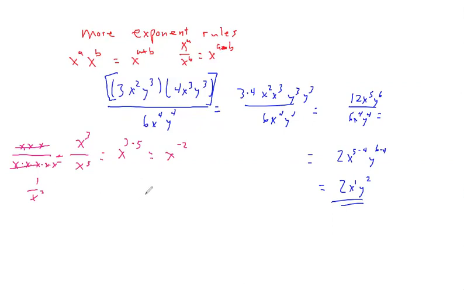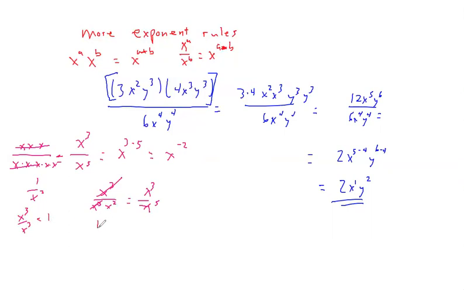Now, here'd be another way to do that. Let's do it again. Let's go x cubed over x cubed times x squared. Now, isn't it true? x cubed times x squared is x to the fifth. And x cubed will cancel x cubed. x cubed over x cubed is 1.